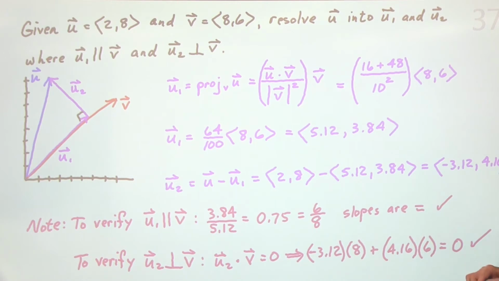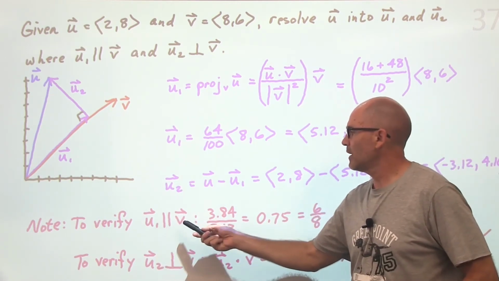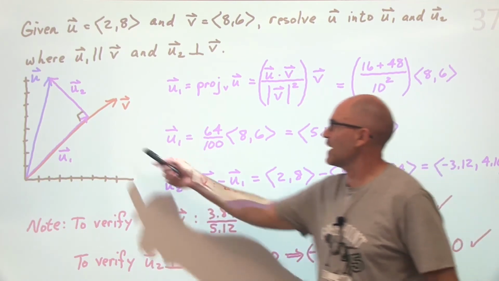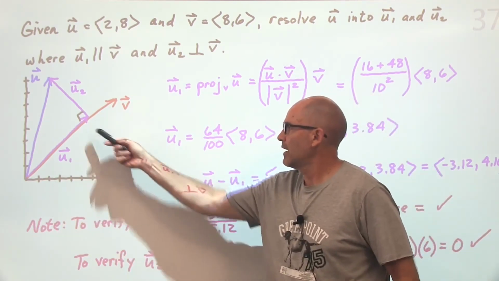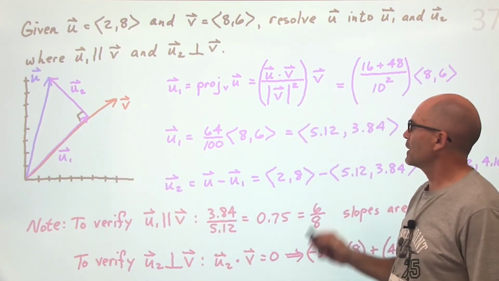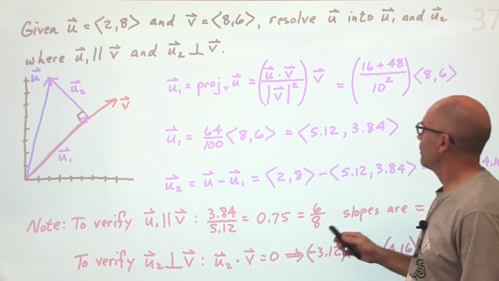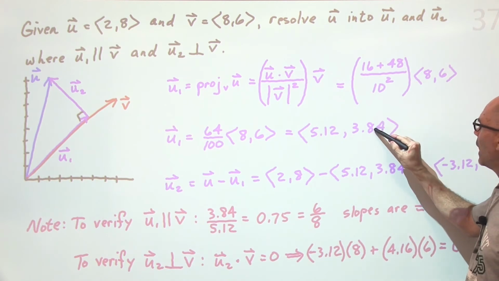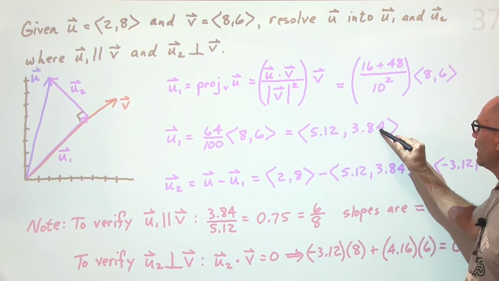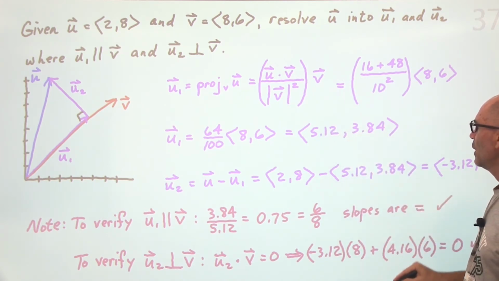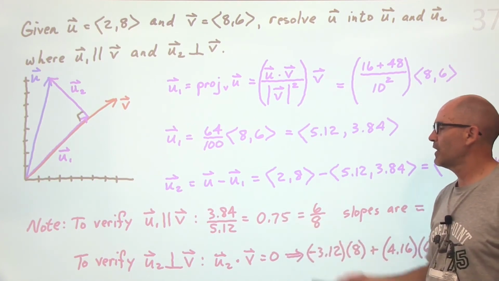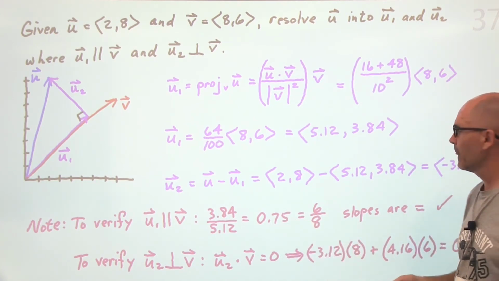Now, to verify that u sub 1 is parallel to vector v, which it should be, I'm going to check the slopes of both of them. Well, the slope of u sub 1 is y over x, 3.84 over 5.12, which ends up being 0.75, 3/4.